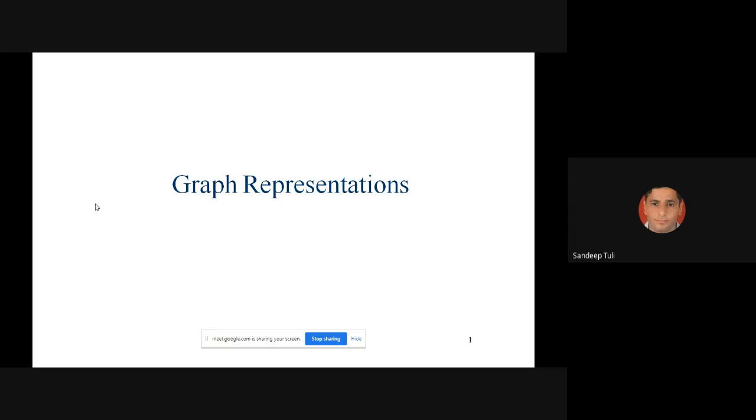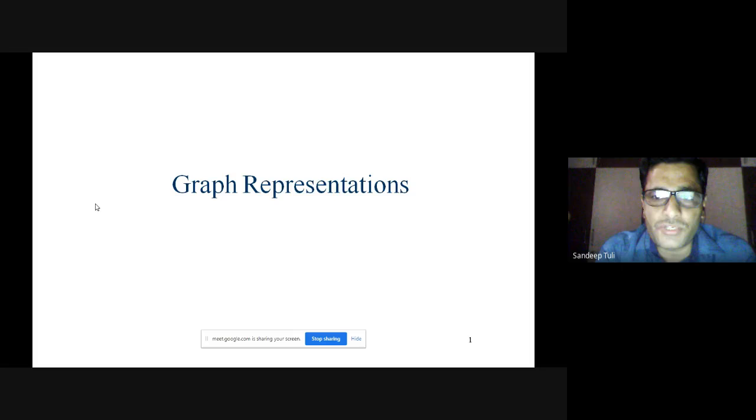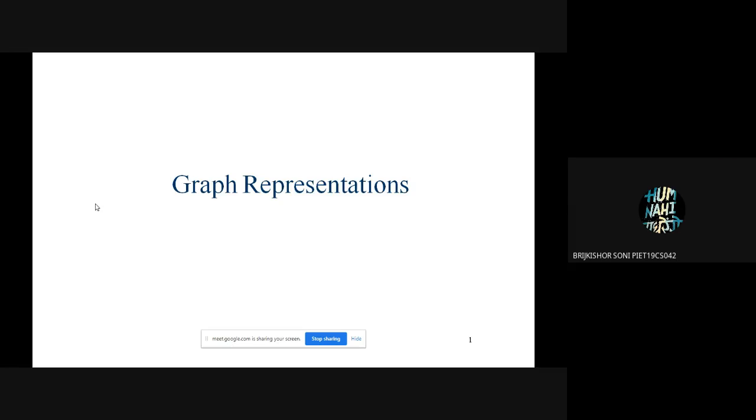So we are starting the representation of graph now. As we have seen the representation of every data structure that we have learned till now, which includes stack, queue, linked list, and tree, can anybody tell me how many different kinds of representations are there for a specific data structure? Two types: linked representation or array representation.